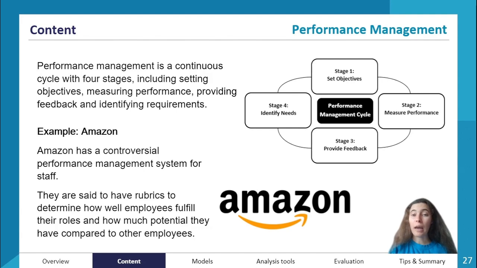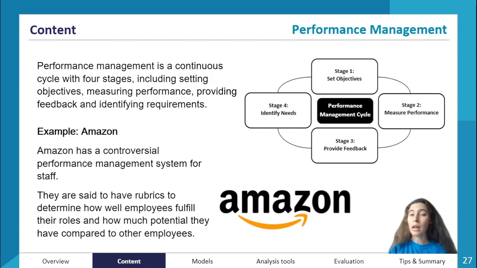And then identifying needs as well. So once you've got that feedback, once you understand how the business is performing, you need to think about how the business can act on those findings and how it can change to improve. And then, of course, you just go full circle and you get back to setting objectives.